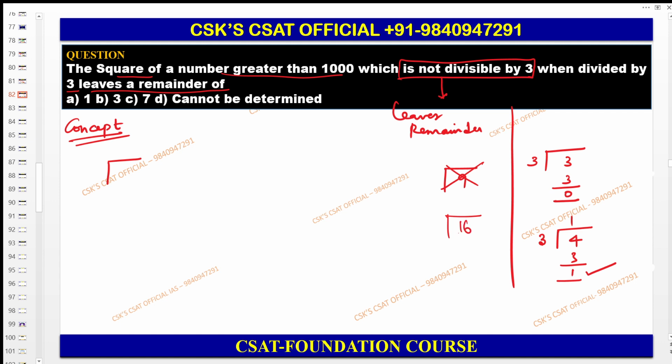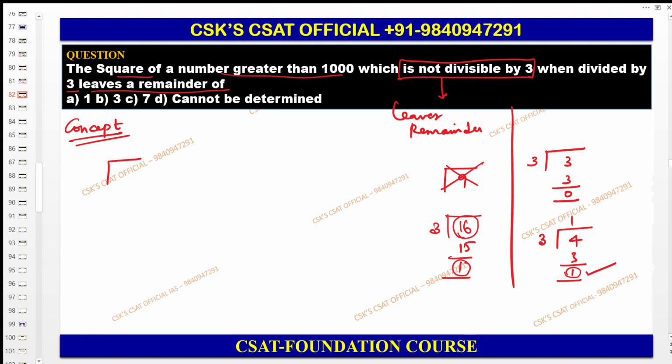When this perfect square number is not divisible by 3, and it is divided by 3, what is the remainder? That is the question. 15, 1. Now listen carefully. Whatever be the perfect square number which is not directly divisible by 3, when divided by 3, it leaves you remainder what?